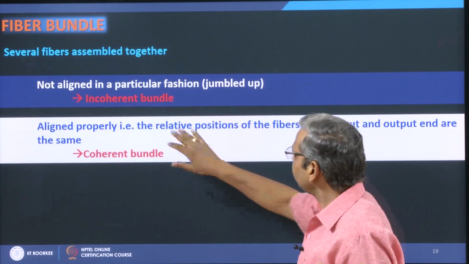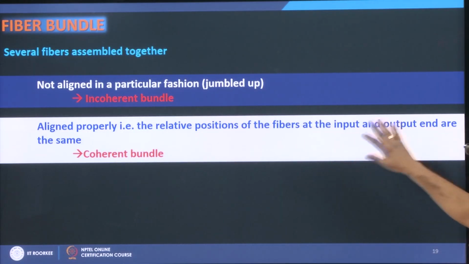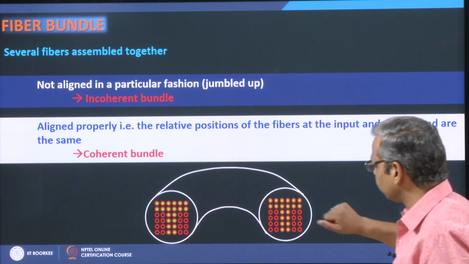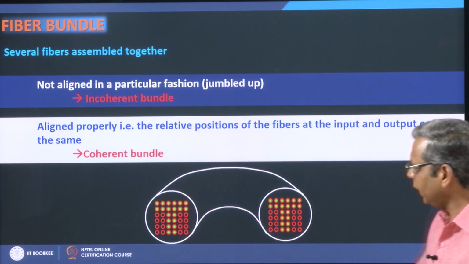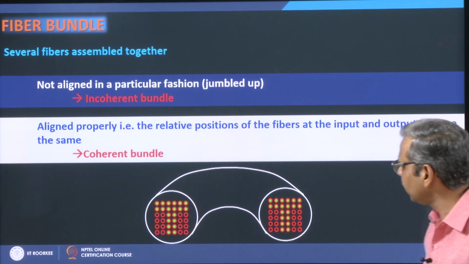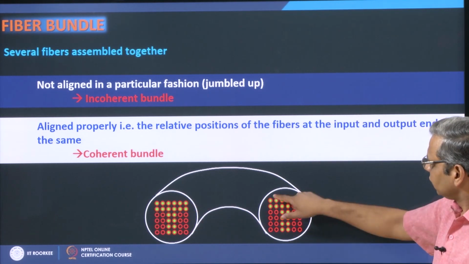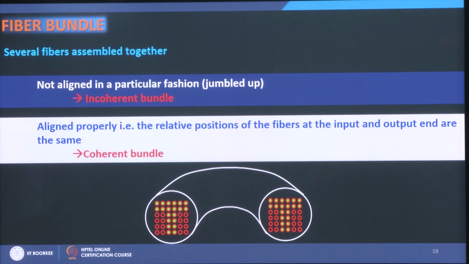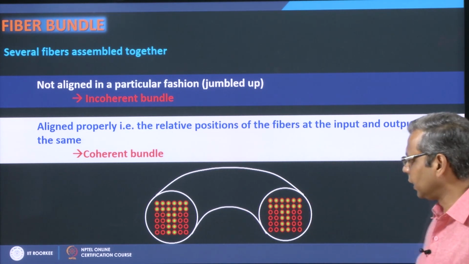But when the relative positions of the fibers at the input and output ends are the same, then it is coherent bundle. Coherent bundle can be used for image transmission like this. So, if you light up these fibers at the input end, so at the output end also these fibers are lit up and you can transmit the image.